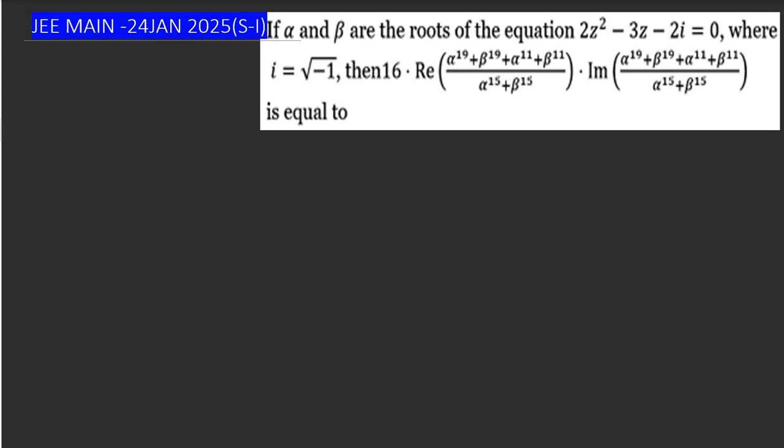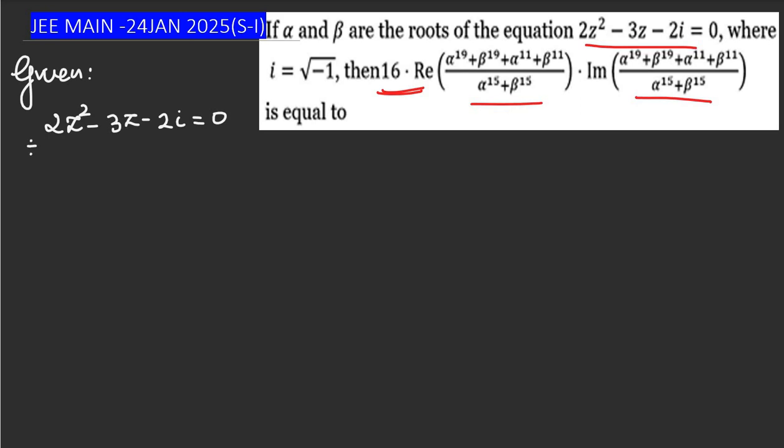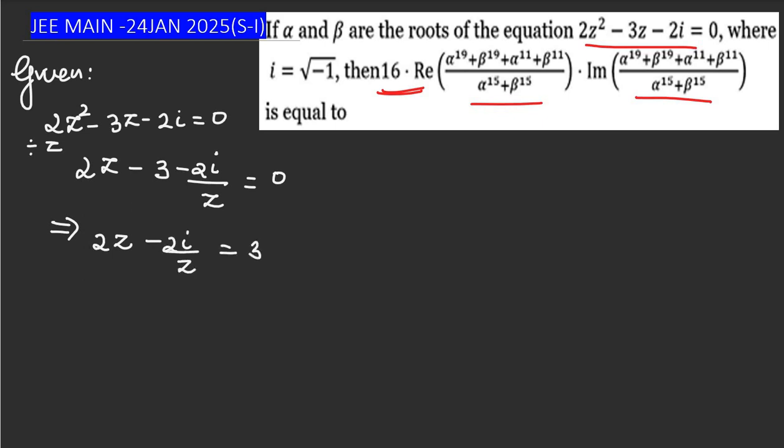Next question: alpha, beta are the roots of the given equation, where iota is equal to root of minus 1. Then 16 times the real part of the given expression into the imaginary part. Divide the equation by z. So we get 2 times z minus 3 minus 2 iota divided by z is equal to 0, or 2 times z minus 2 iota by z is equal to 3.